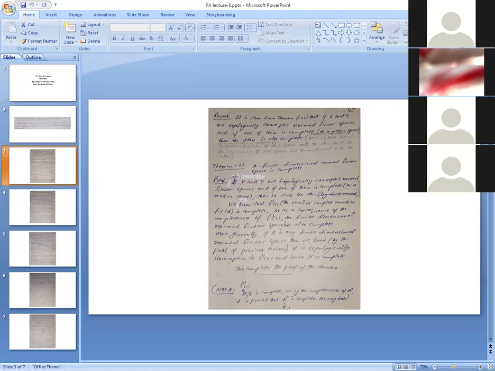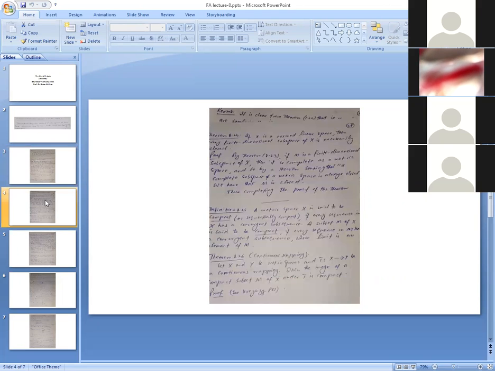Now we prove another result. It's similar to this one. This result says if X is a normed linear space, then every finite dimensional subspace of X is necessarily closed.